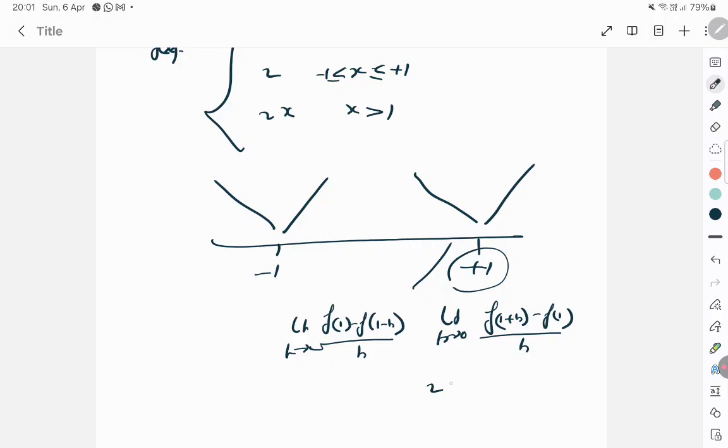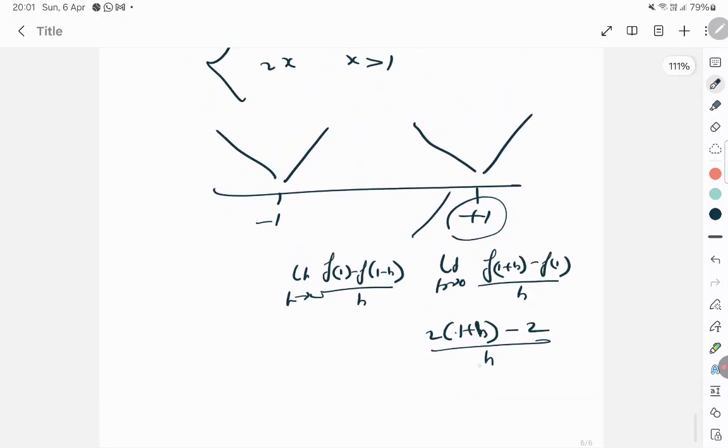So 2 into 1 plus h, minus f of 1. At 1, the answer itself is 2, because we have done it at 1 and minus 1, the answer itself is 2. So 2 by h. You can take the 2 inside: 2 plus 2h minus 2 by h, where 2 and 2 get cancelled. So the answer will be 2 for the right hand limit.